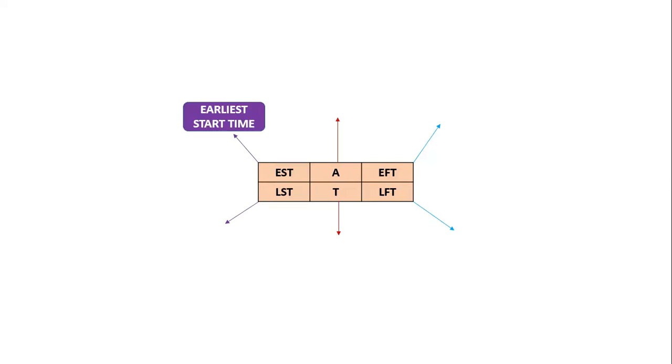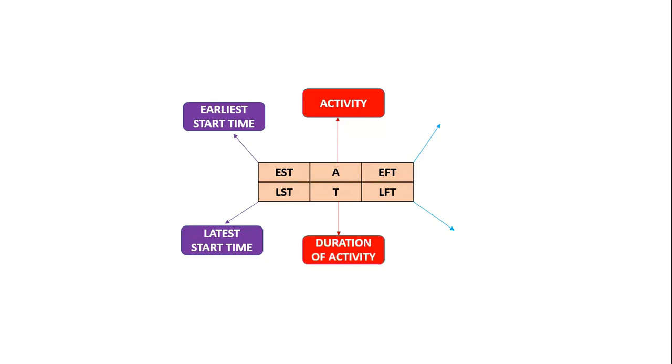That is the earliest time that an activity can start, right? The LST stands for the latest start time. And the A stands for the activity. That is what is to be done on the project, right? And the T stands for the duration of the activity. How long is the activity going to take?